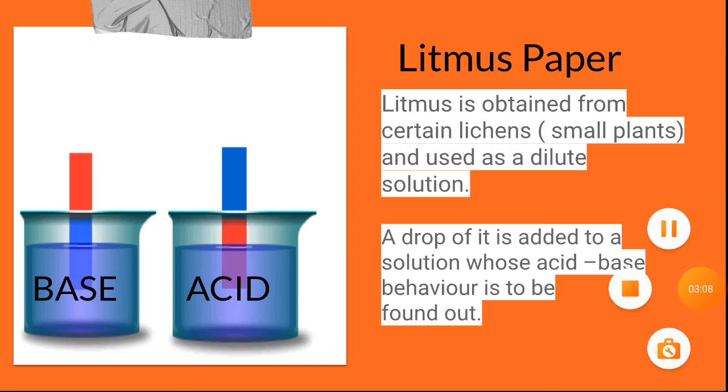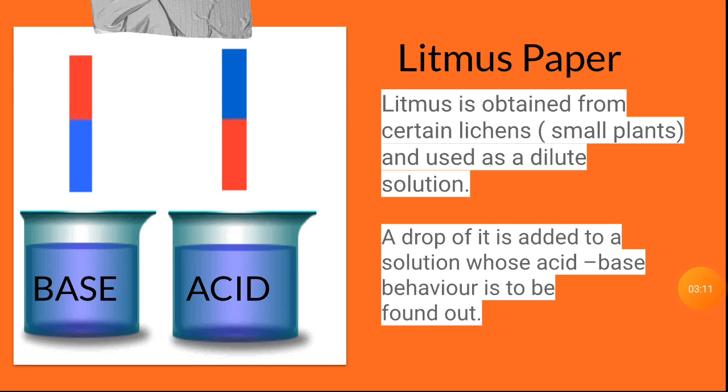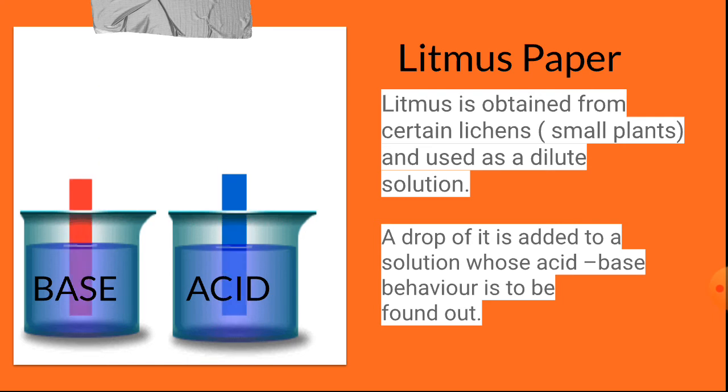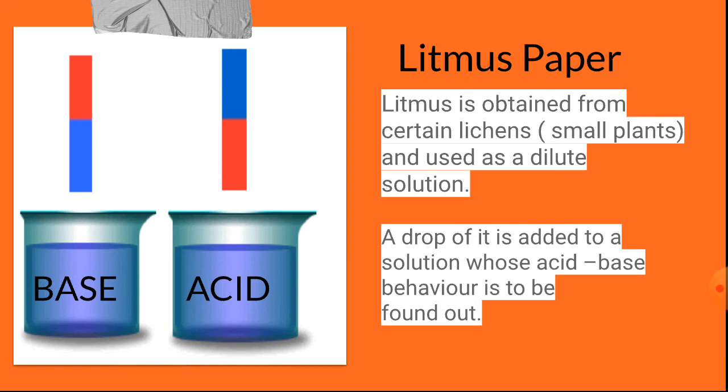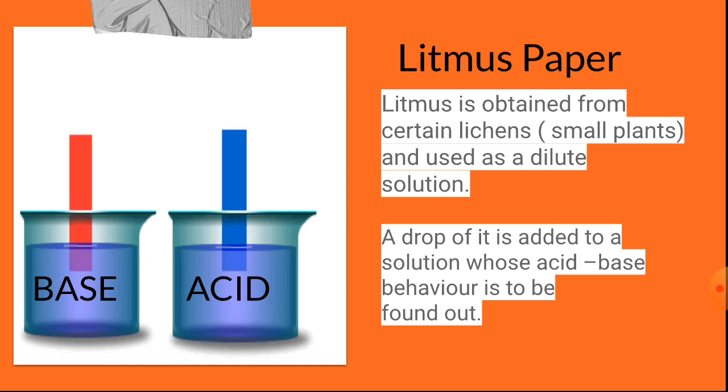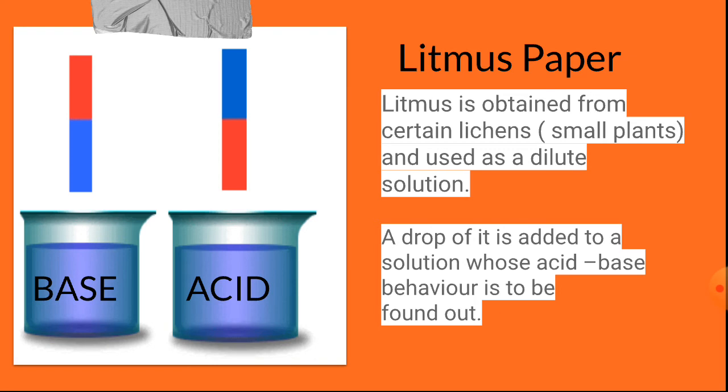Litmus paper. Litmus paper is obtained from certain lichens, small plants, and used as a dilute solution. So let me tell you, litmus are finger-like small paper strips made from lichens, and it is also used as a dilute solution.